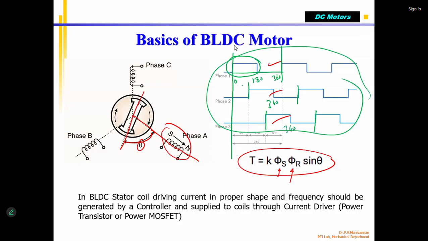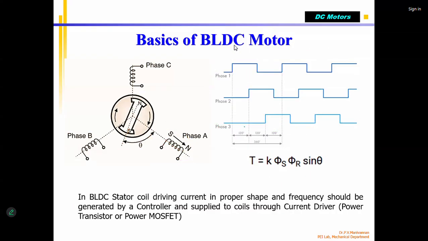We can see that they are shifted by 120 degree. Each waveform is separated by 120 degree. This is the start of the second phase, and this is the start of the third phase voltage, the stator coil current. So they are all separated by 120 degree.